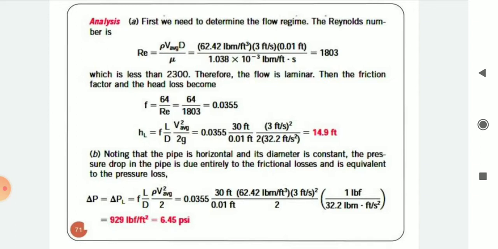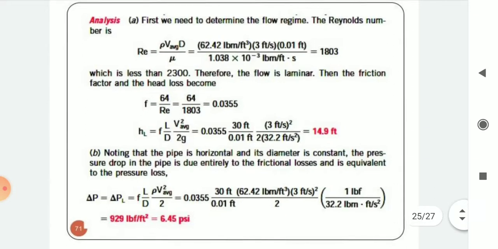Then the friction factor and the head loss: f is equal to 64 divided by Reynolds number, so f is equal to 0.0355, and head loss hL is equal to f into L divided by D into V average square divided by 2g. By putting the values, we get head loss equal to 14.9 foot.